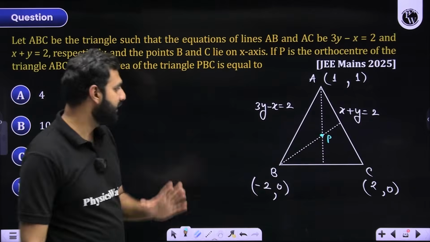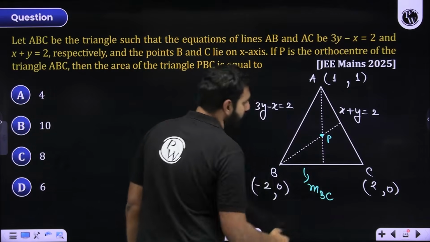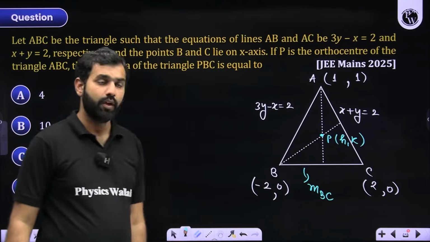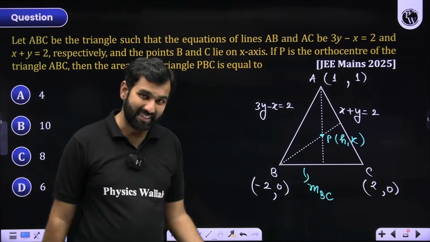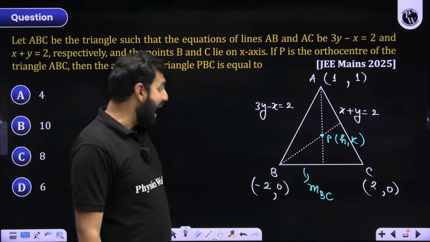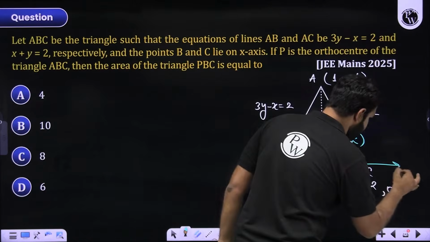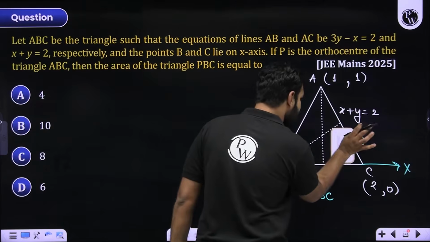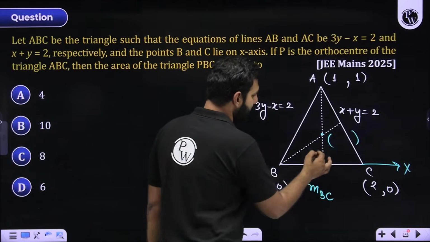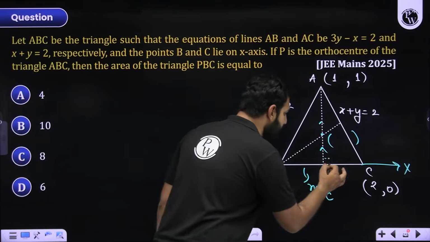Now, please understand, can you help me with the slope of BC here? Of course, let's say the orthocenter has the coordinates h, k. We can find the slope of BC, which is the x-axis only, so its slope will be 0. I hope there is no confusion on that. I need not even take it as h, k, because any intelligent student would say, sir, this is a line which is parallel to the y-axis, perpendicular to the x-axis.